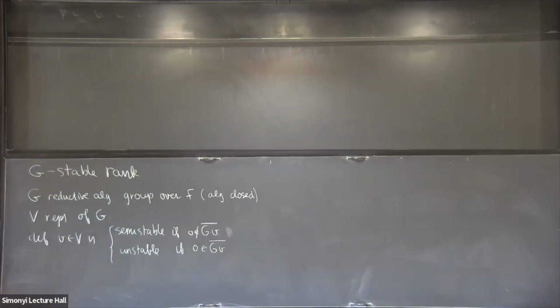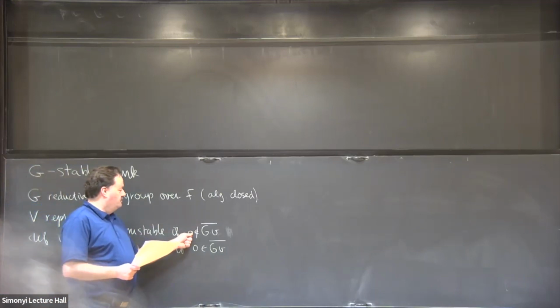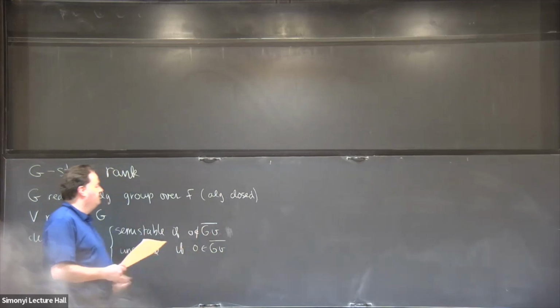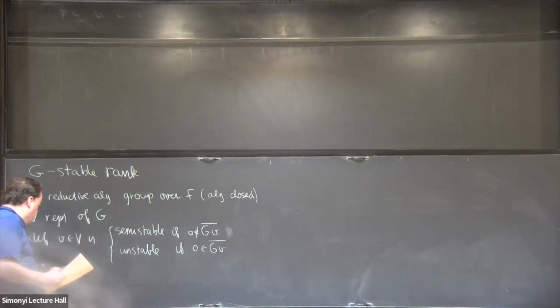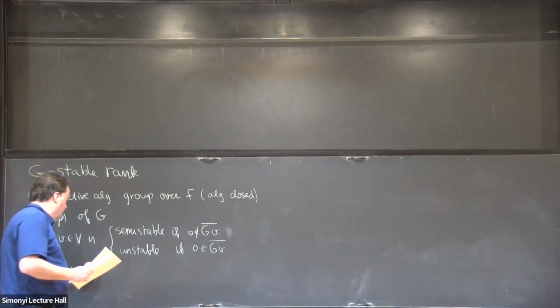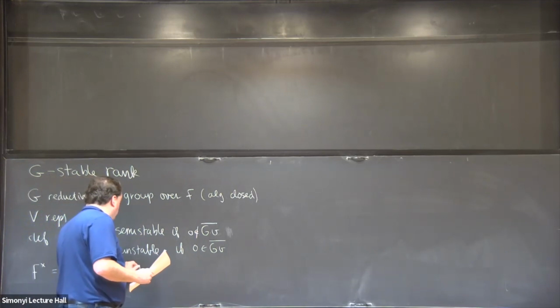So that homogeneous invariant will separate the origin from the orbit. Now F star here, or F cross, is just F without 0. You can also think of it as GL1, the multiplicative group.